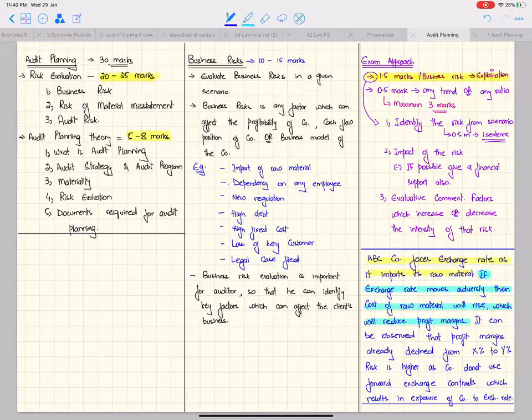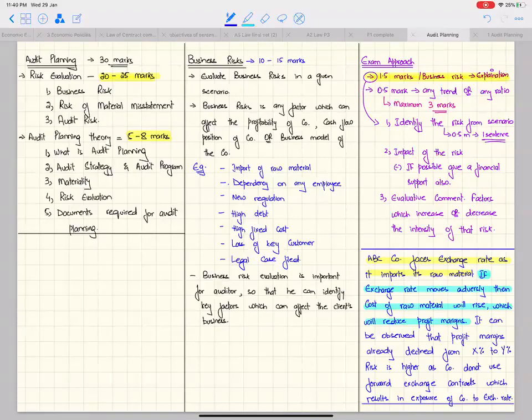If you can give the financial support, it is very good. But if you cannot give a financial support, then also the risk will go on. But the three most important elements are the identification of risk, the impact of that risk, and the evaluative comment in that risk.